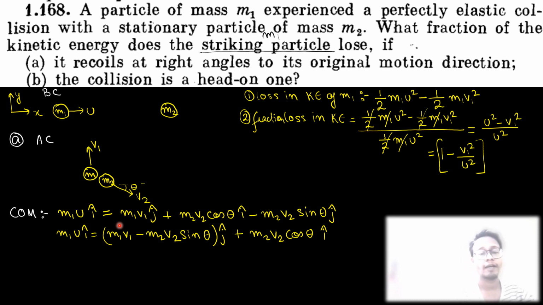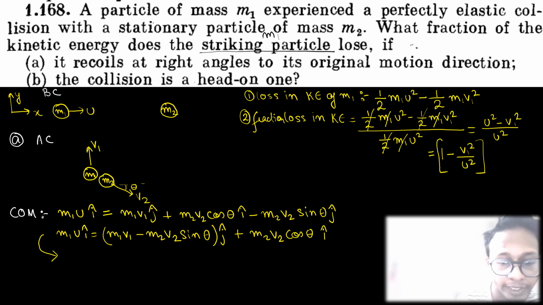Now from this conservation of momentum equation, I can create two further equations. The first equation: in the x component, that means the i values, the x component of momentum before collision and after collision should be the same, isn't it?